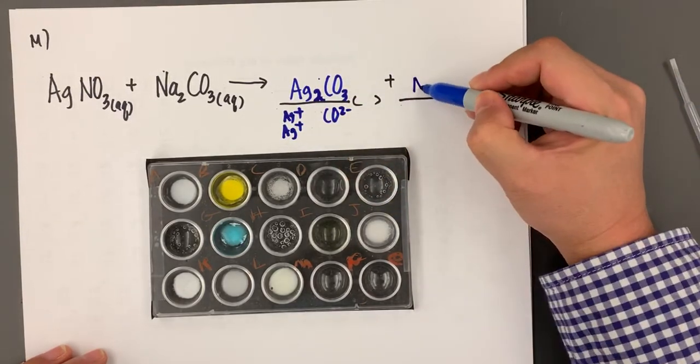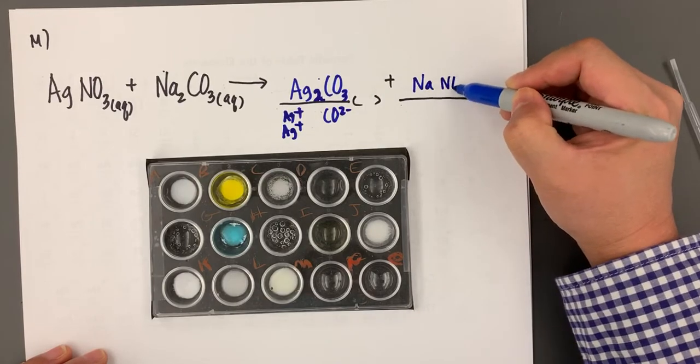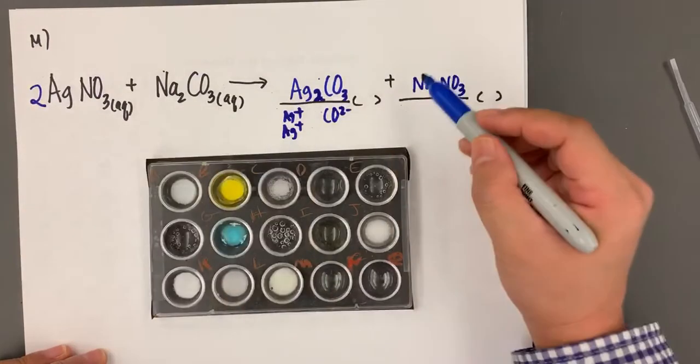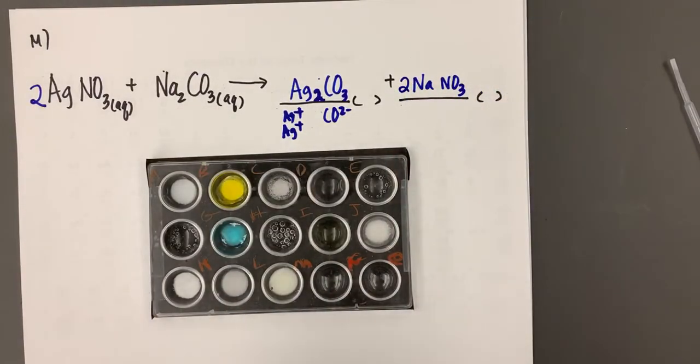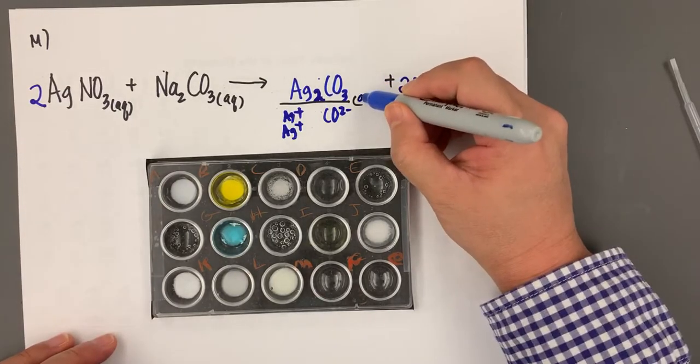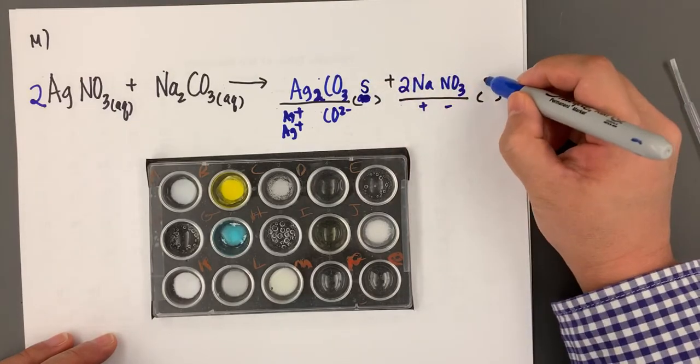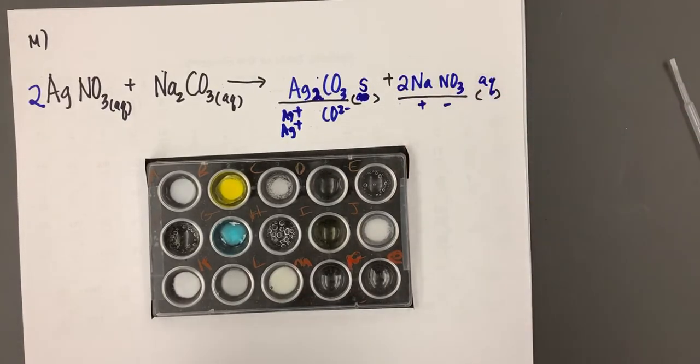Okay, and sodium nitrate. To balance this out, you do need a 2 here and a 2 here to balance the equation. Okay, so according to the solubility rules, silver carbonate is a solid, and sodium nitrate is aqueous.